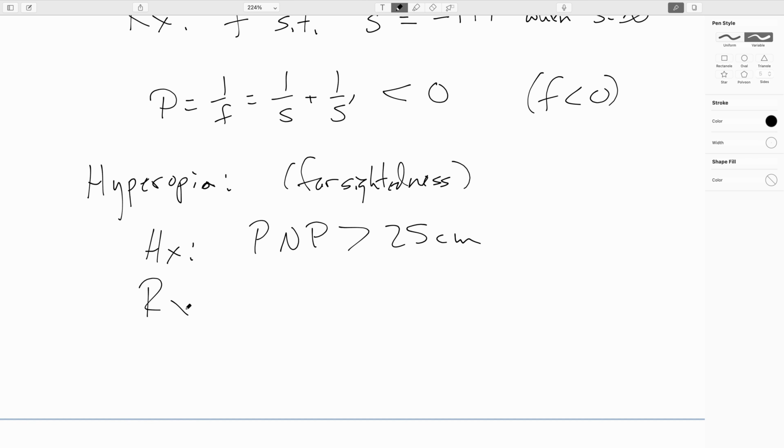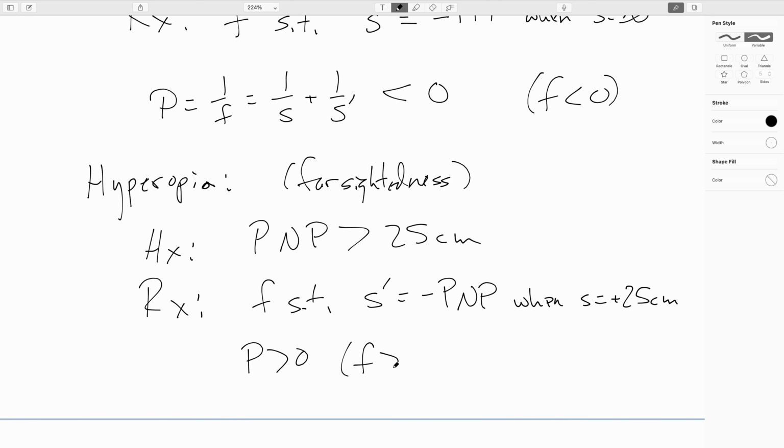So when you write the prescription, you'll pick a focal length such that the image distance will be equal to the negative of the patient's near point when the object distance is equal to plus 25 centimeters. So this will work out to refractive power greater than 0 or focal length greater than 0. So this will be a converging lens.